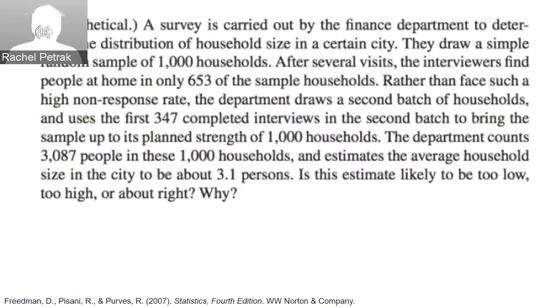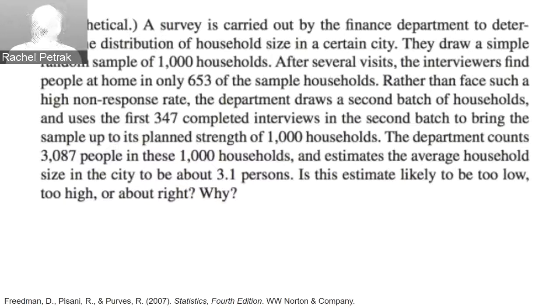A survey is carried out by the finance department to determine the distribution of household size in a certain city. They draw a simple random sample of 1,000 households. After several visits, the interviewers find people at home in only 653 of the sample households.